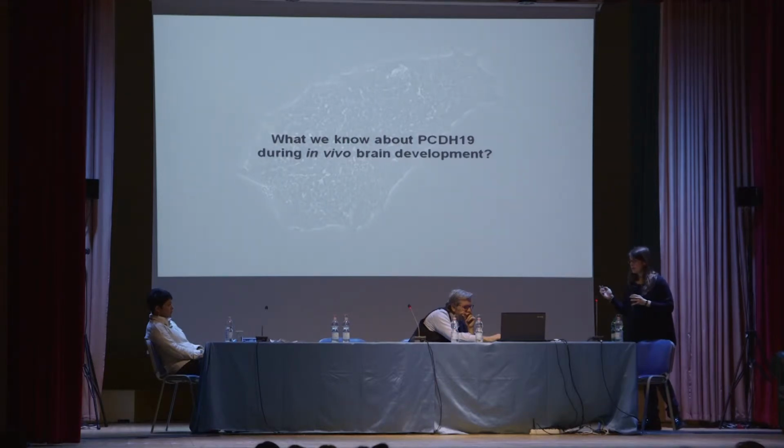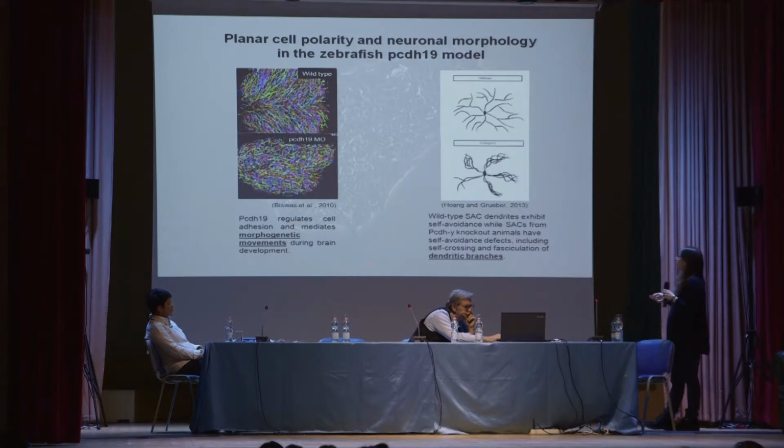In the zebrafish, we can observe that PCDH19 has a role in the morphogenetic movements, because here we see a typical control situation where the protein is working and the cells are orderly migrating and organized, whilst when the protein is reduced or abolished, the movement of cells during the formation of the brain, that is during neural tube and neural plate formation, is highly disorganized.